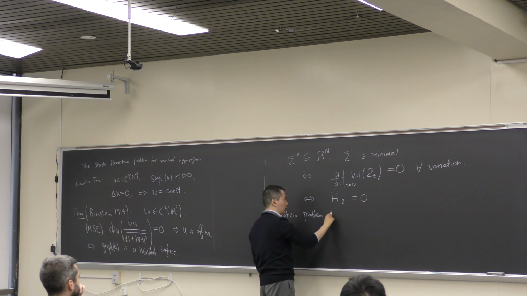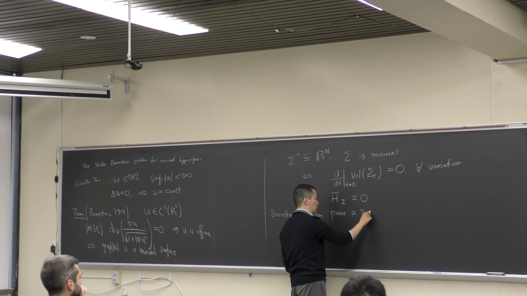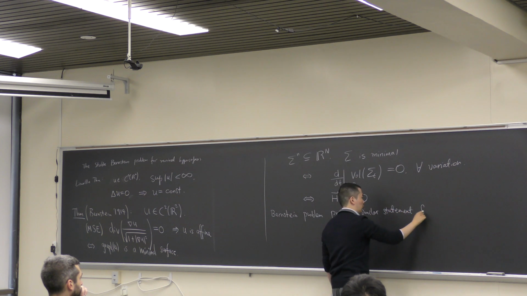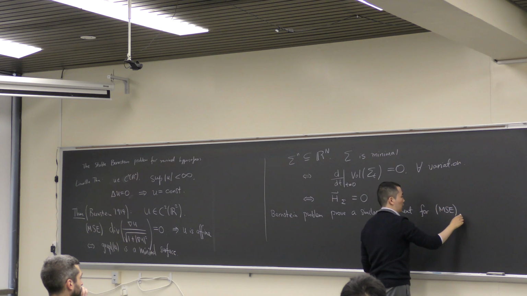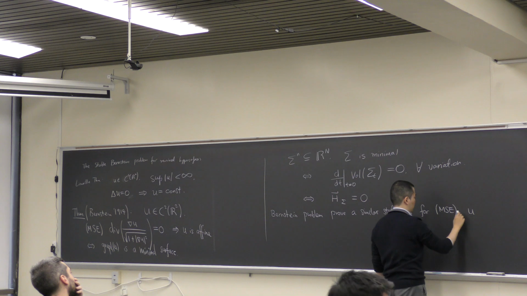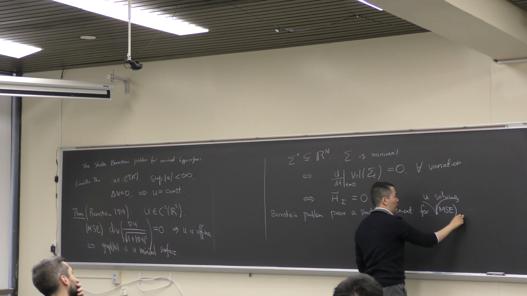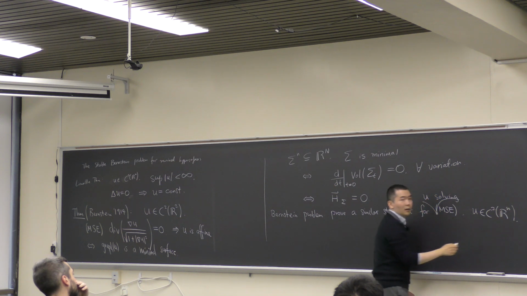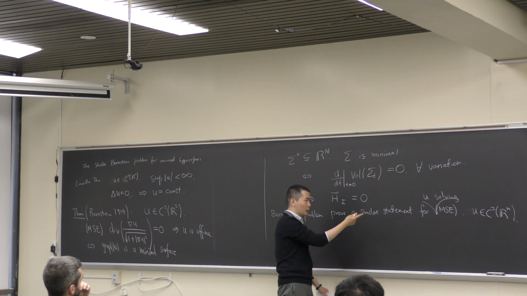Basically, prove a similar statement for solutions u to the minimal surface equation, where u is entire inside Rn, or construct a counterexample, a nonlinear solution to the minimal surface equation.